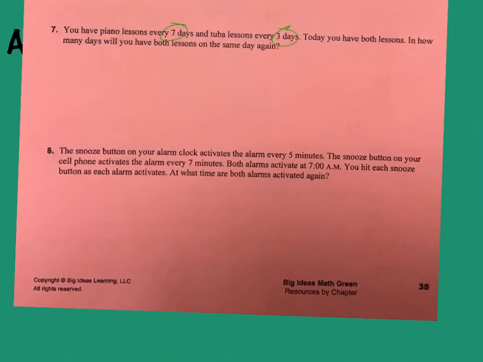Both alarms activate at 7 a.m. You hit the snooze buttons as each alarm activates. At what time are both alarms going to activate again? So at the same time, I think is what it's saying here. So at what time are both alarms activated at the same time? So we're going to say 5 and 7 and find the lowest common multiple for those. So give those a try.